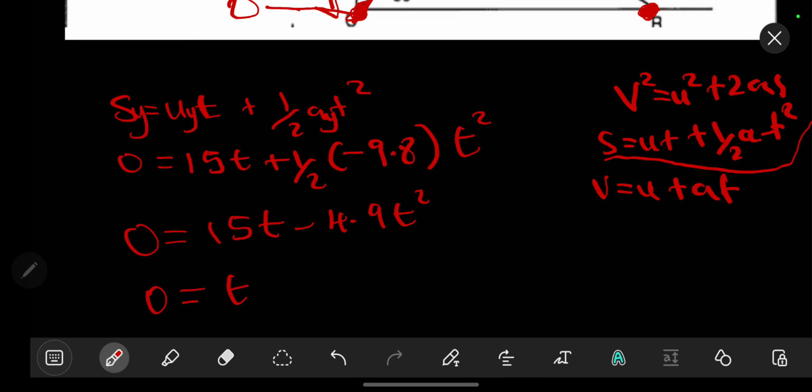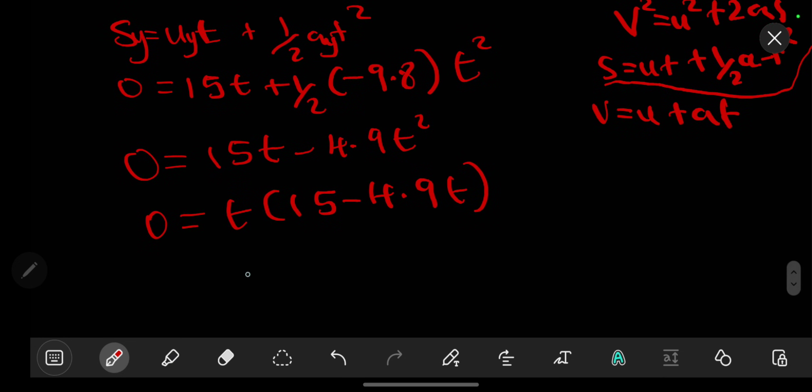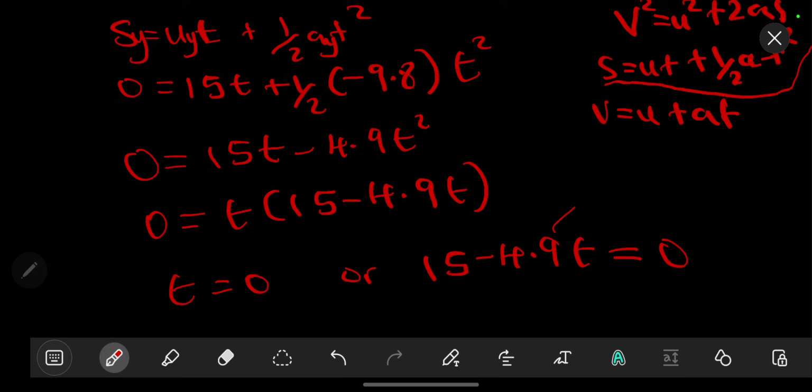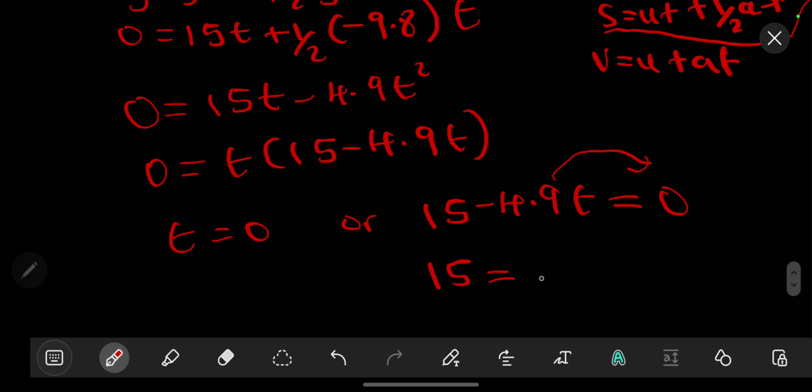So 0 should be equal to t, open brackets, 15 minus 4.9t. So our t value should be equal to 0, or 15 minus 4.9t should be equal to 0. Let's take this value to the other side. It will be 15 should be equal to positive 4.9t.